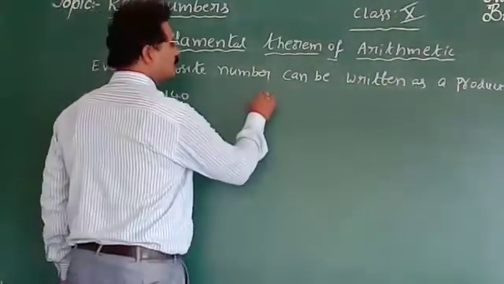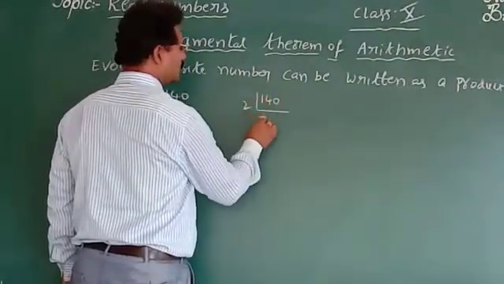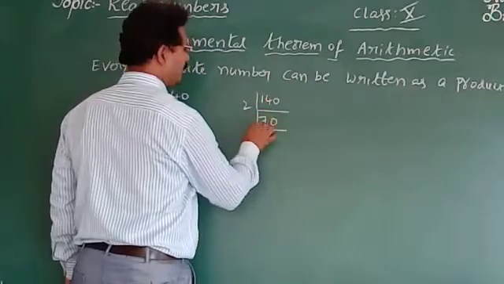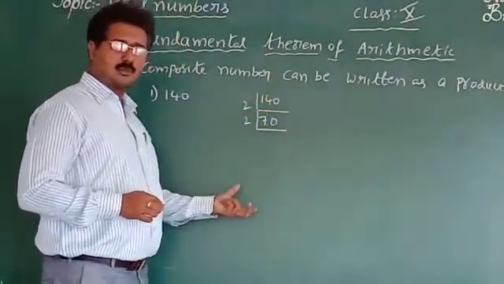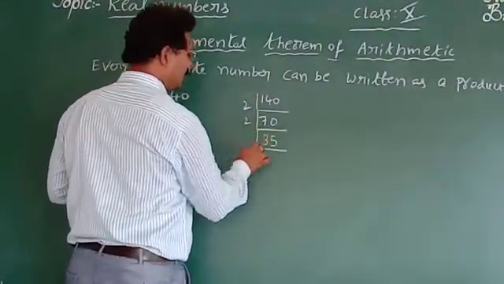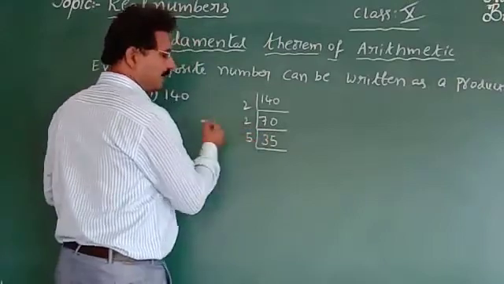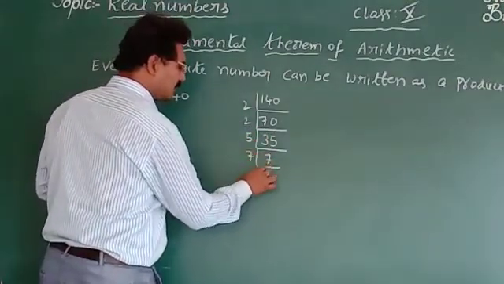140: 2 7s are 14, 0. Here you have to choose only prime numbers. So 2 35s are 70, and then 2 35s are 70 leaves 35, so next 5. 5 7s are 35, and then 7 1s are 7.